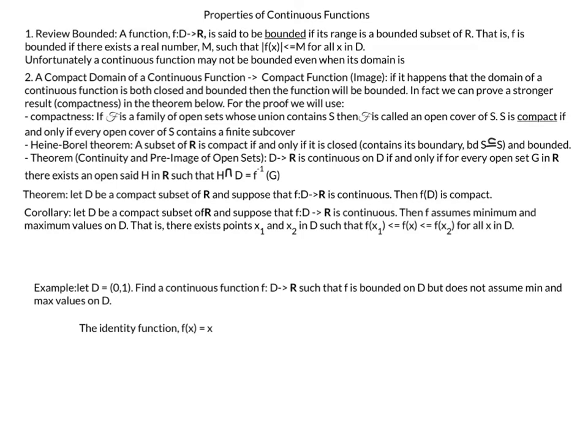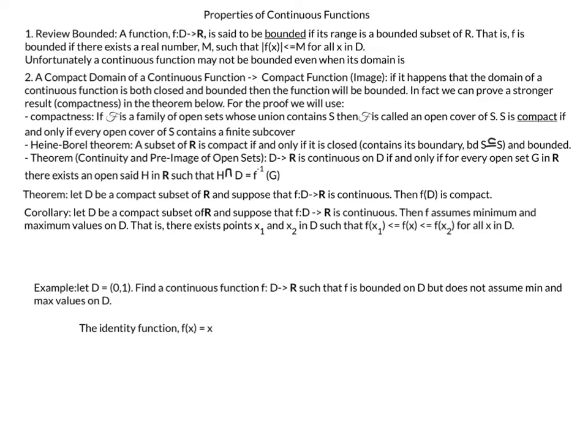In other words, the maximum value is bounded by 1, but it does not assume the value of 1 because this is the open interval, so we never actually plug 1 into the function. So here's an example: F is bounded, but it does not assume its min and max value on D.